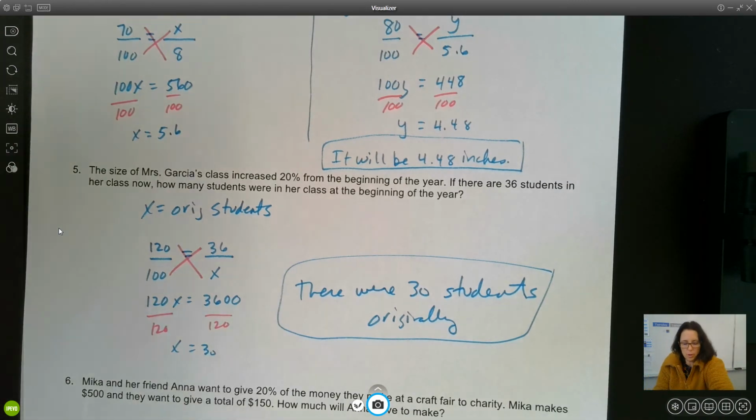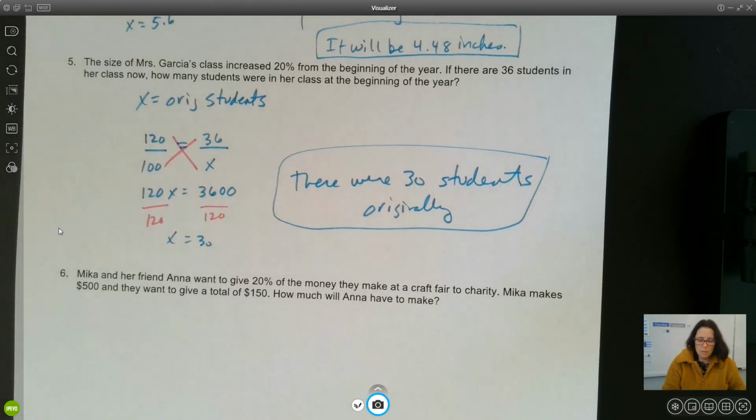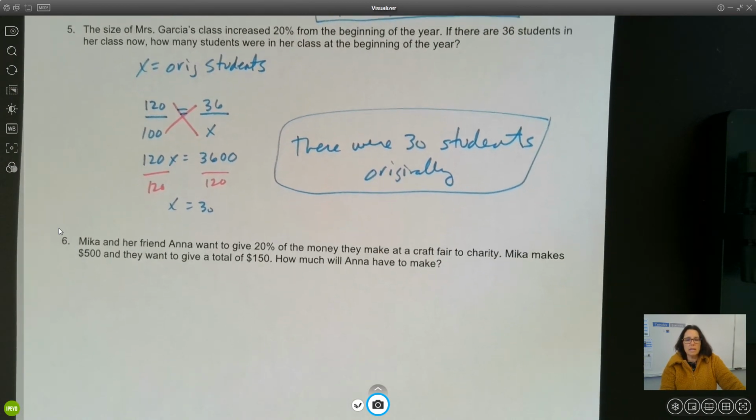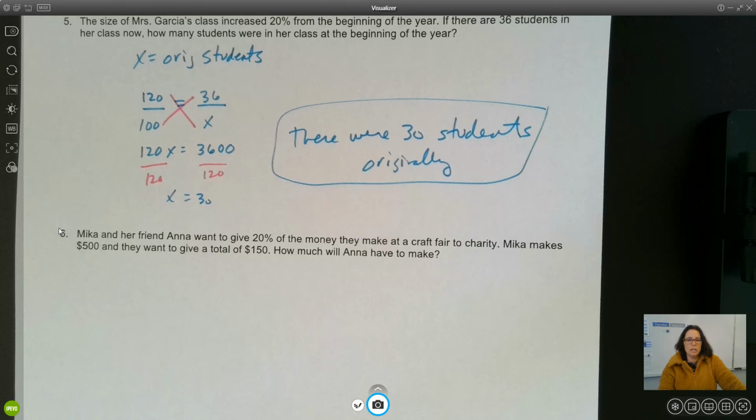Okay, last problem, guys. Mika and her friend Anna want to give 20% of the money they make at a craft fair to charity. Mika makes $500 and they want to give a total of $150. How much will Anna have to make? All right, 2-part problem.